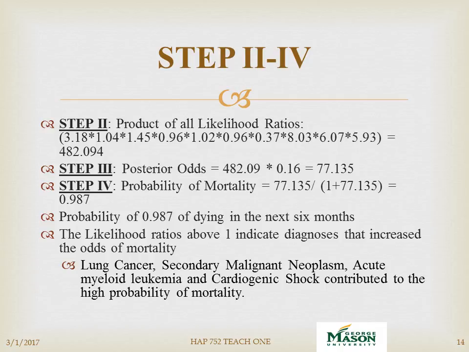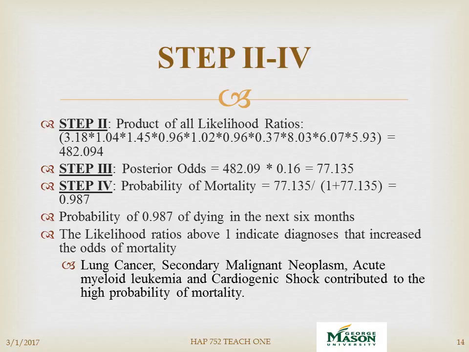By calculating the product of all 10 diagnoses, we have 482.094. From that, I can go ahead and calculate the posterior odds using the constant 0.016, and I have 77.35. The last step is to calculate the probability of mortality, and I have 0.987.